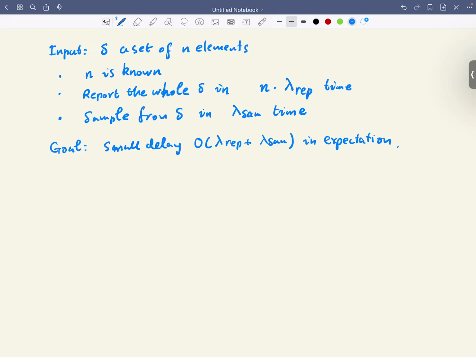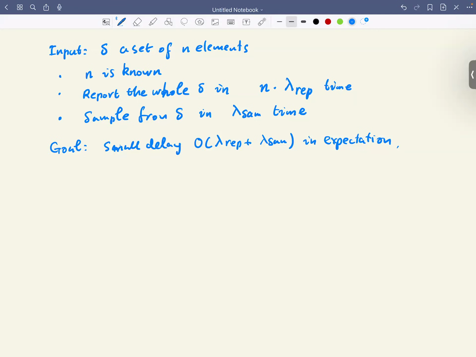So what's the meaning of small delay in expectation? I said before that after some grace period, you should start producing results. In this case, there's no grace period, because you can imagine that the grace period is basically for preparing the algorithms satisfying these three bullets. So no more grace period, and you should start the iterations right away. Each iteration you should produce a new element until the very end.